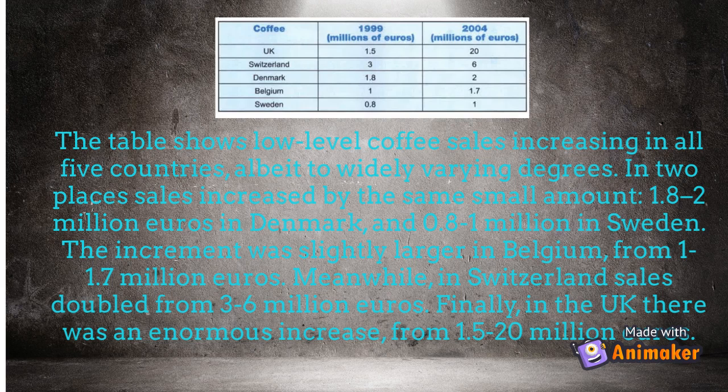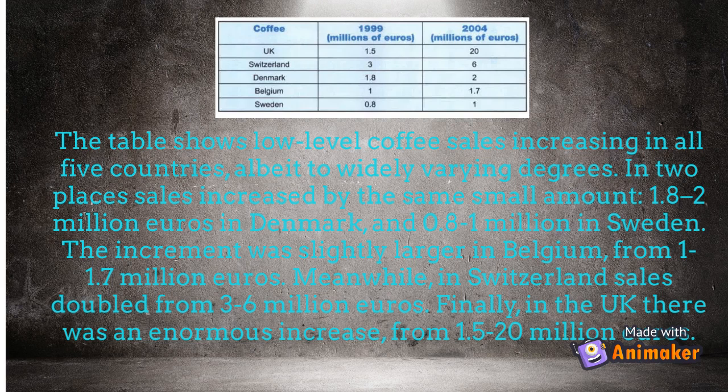The table shows coffee sales increasing in all 5 countries, albeit to widely varying degrees. Sales increased by the same small amount, 1.8 to 2 million euros in Denmark, and 0.8 to 1 million in Sweden.